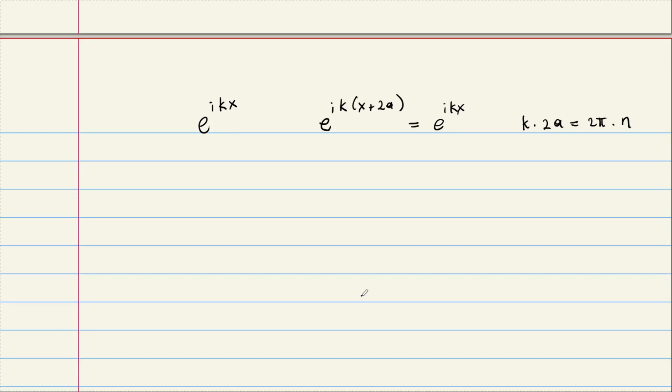So n is the variable, I want to change this variable with n pi over a, and I want to identify this with k. And as a goes to infinity, k will be continuous. And you can see delta k, the distance between two different values of k, is going to be pi over a.